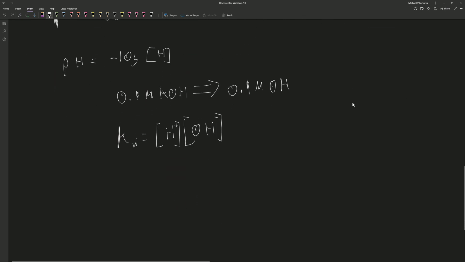We also need to note that Kw is equal to 1.0 times 10 to the negative 14. So if we have the OH concentration, we can determine the H concentration simply by saying Kw divided by OH is equal to H.